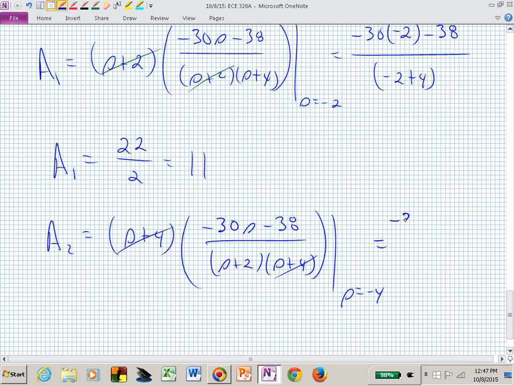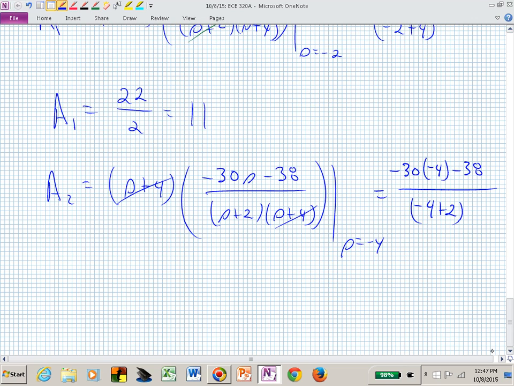We have minus 30 times minus 4, minus 38 all over minus 4 plus 2. Now we have 120 minus almost 40. That would be 80 if it was. So it's now 82, or this is now minus 41.